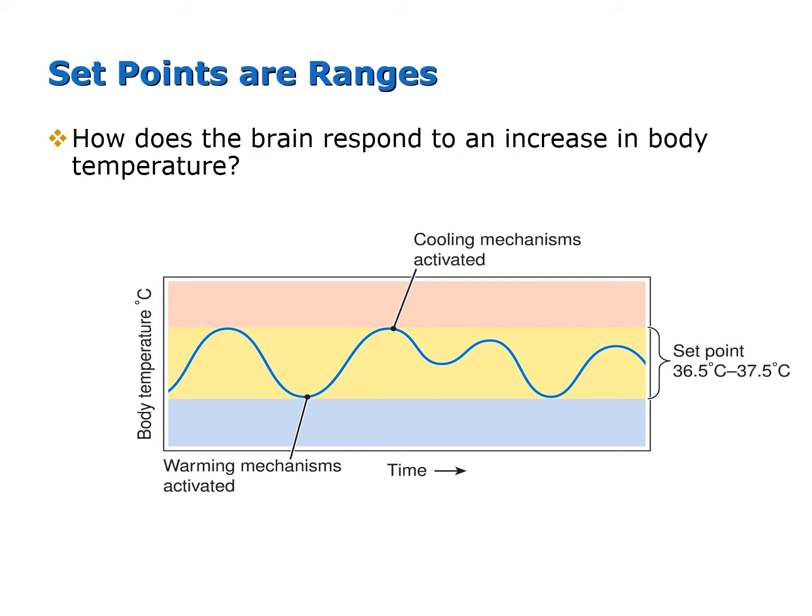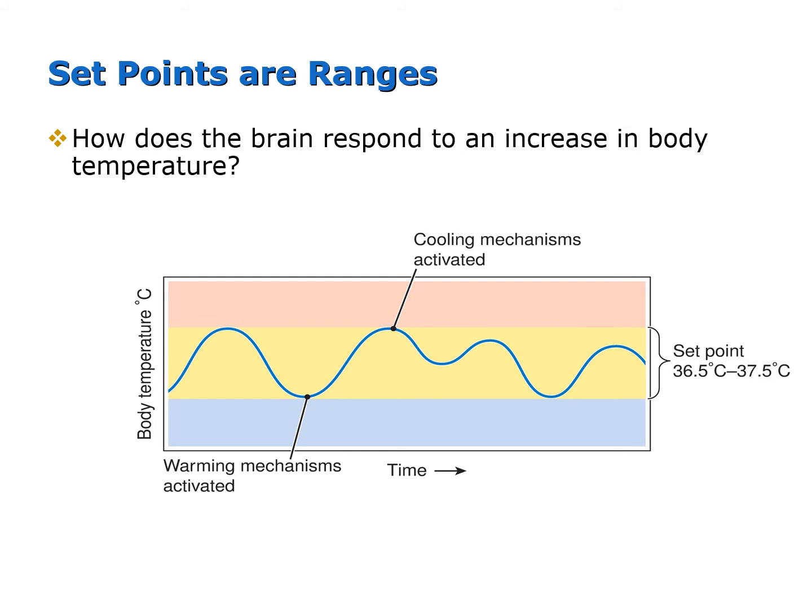Talking about the set points, you can see here that our body temperature is set up, and now you can see it in Celsius. I would like you to start becoming familiar with both Fahrenheit and Celsius, because the US is the only place that still uses Fahrenheit. The rest of the world is using Celsius as a measure unit.